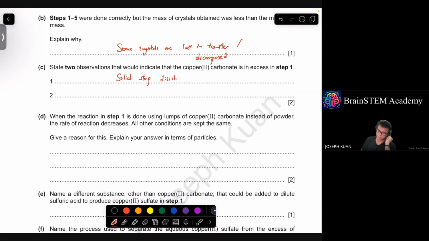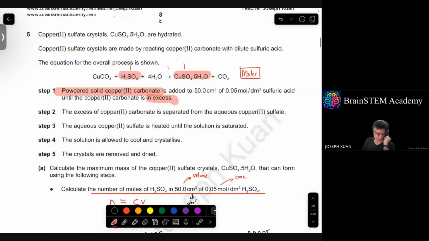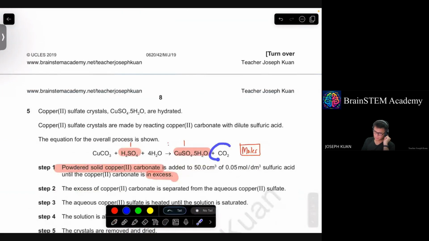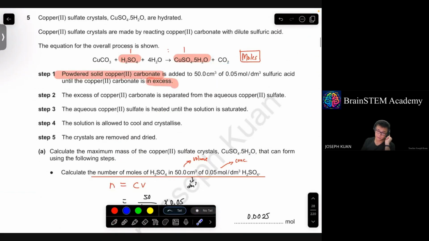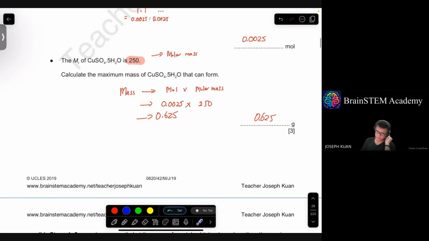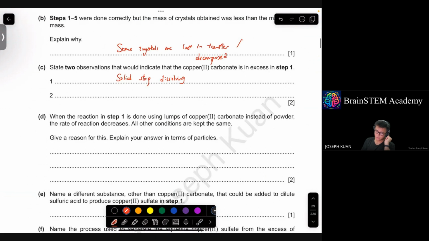Or you can say that this reaction, if you see closely, produces carbon dioxide, which means you will expect to see effervescence. So you will see the effervescence stop right after the copper 2 carbonate is in excess.